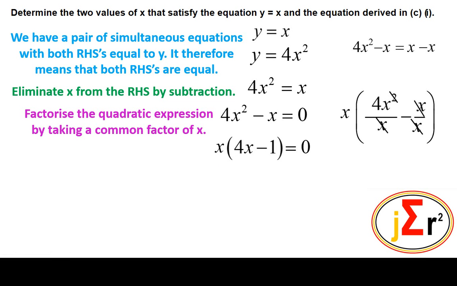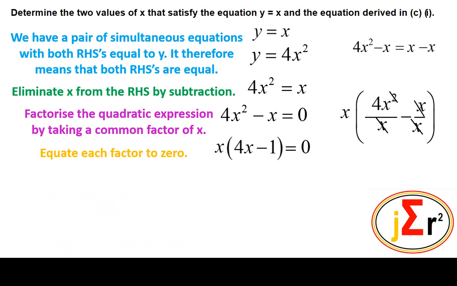And it is on that premise that we will solve that quadratic equation by factorization, saying that this one is equal to 0 or this one is equal to 0. So let us go straight ahead. Equate each factor to 0.